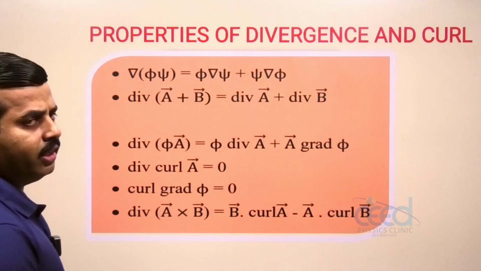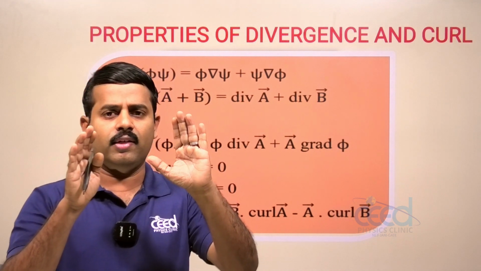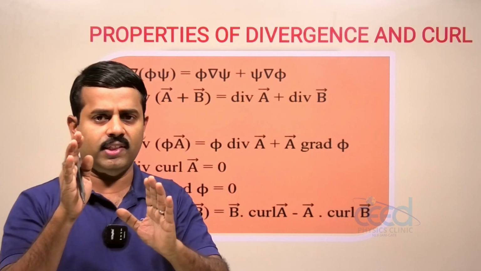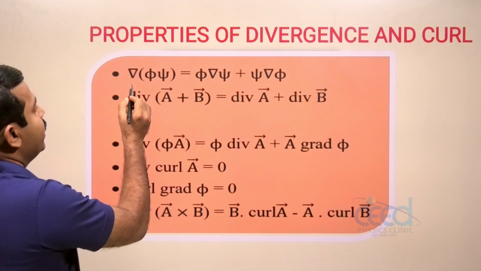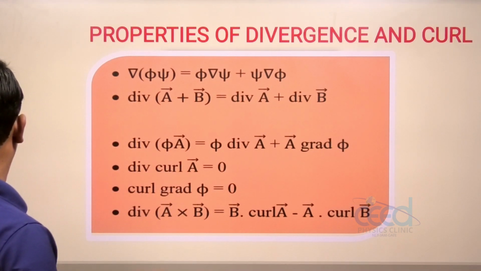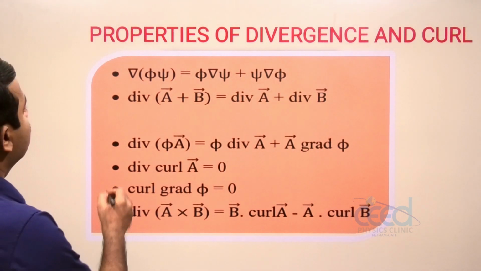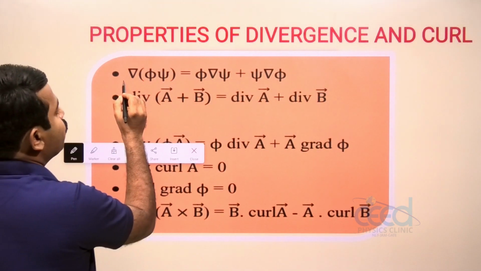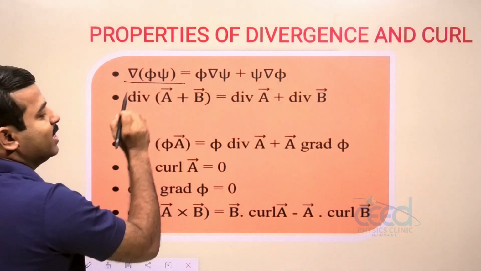Now finally we can study some rules regarding gradient, divergence, and curl. Suppose you find the gradient of the product of two functions, one is phi, one is psi.